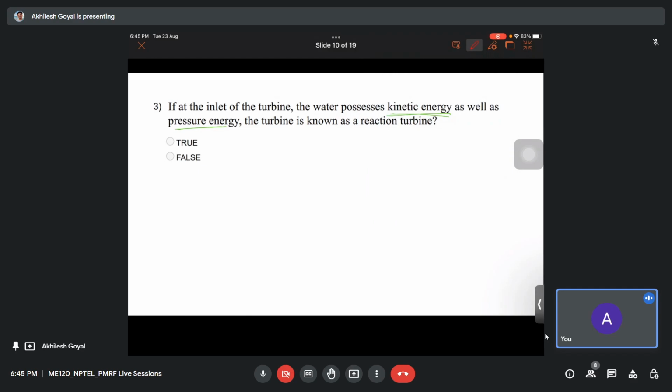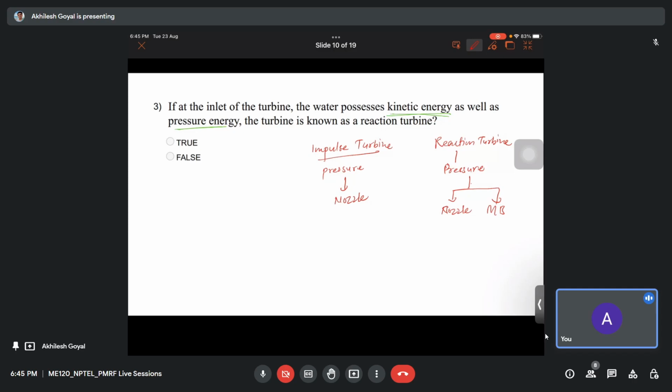As we have already seen in the impulse turbine, all the pressure drops in the nozzle itself, but in reaction turbine the pressure drops partially in the nozzle and partially in moving blades.